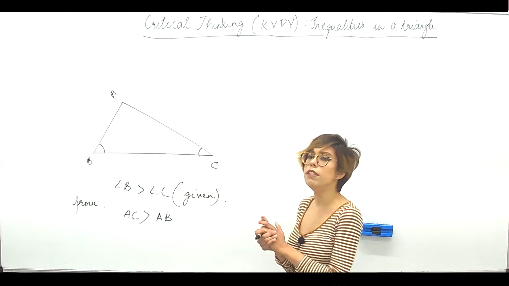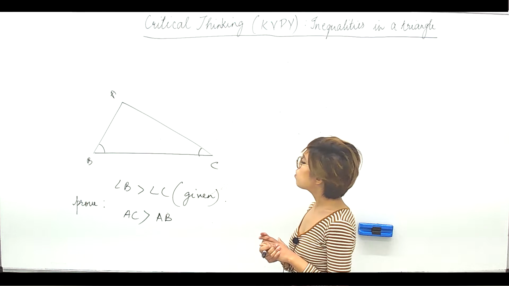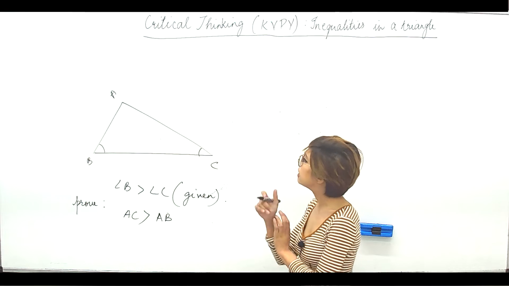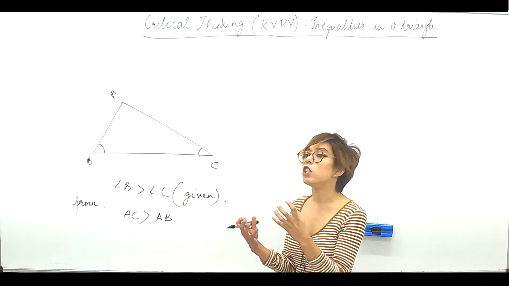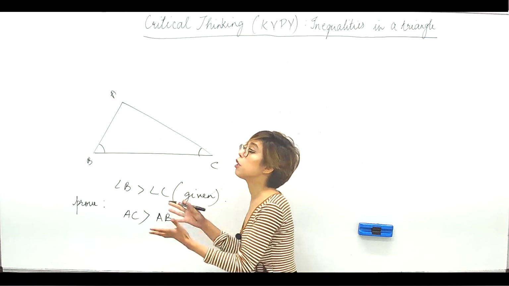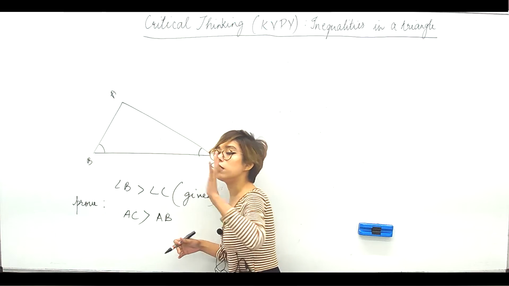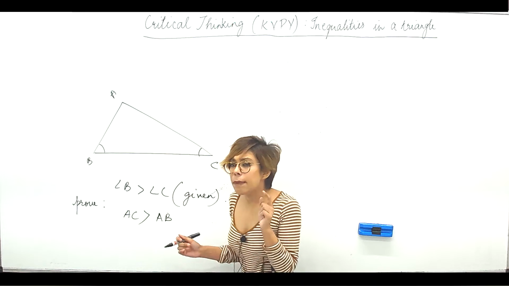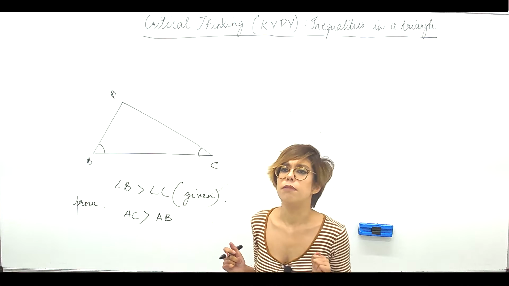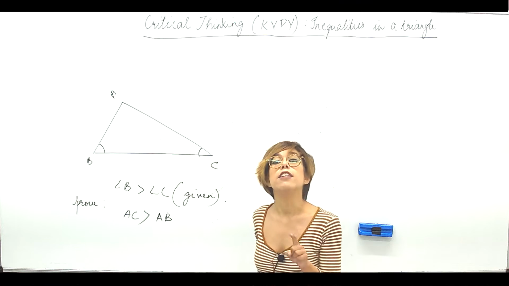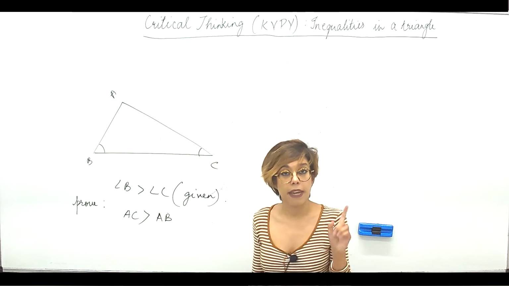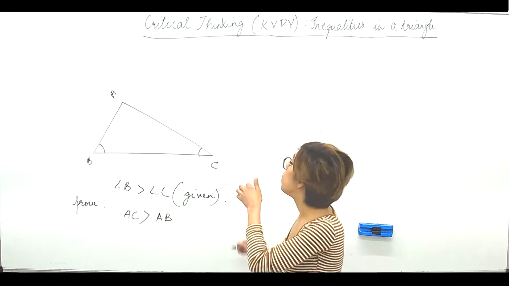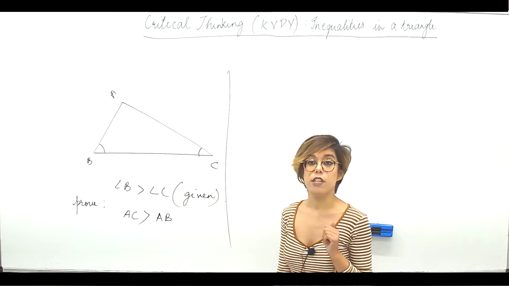That's all we know. So how should we go about it? Just look at the language: in a triangle, if two angles are unequal, then prove this. Maybe I should go for the method of contradiction, because in that I can use what I have just proved in the previous question. So in this case, I'll be going for the method of contradiction.